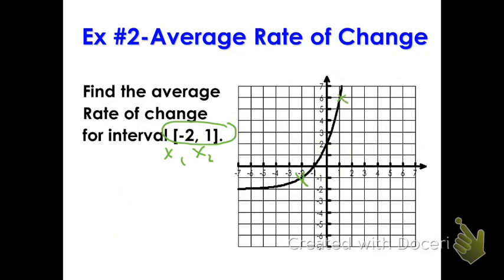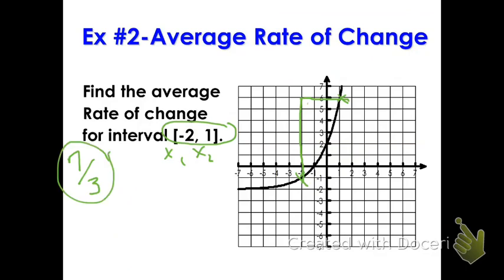And I'm just going to count right now. We got 1, 2, 3, 4, 5, 6, 7. And we're going over 1, 2, 3. So our slope in this case is 7 over 3. That is your rate of change. Just that easy, right?